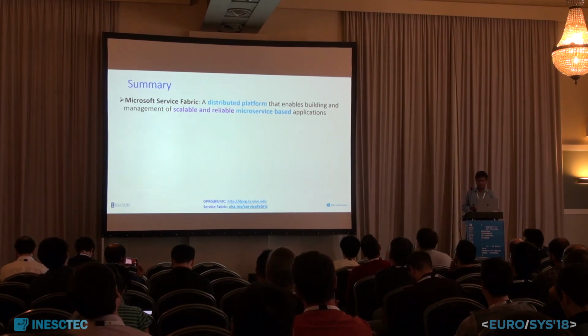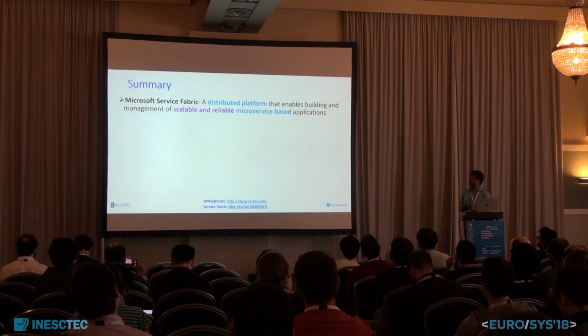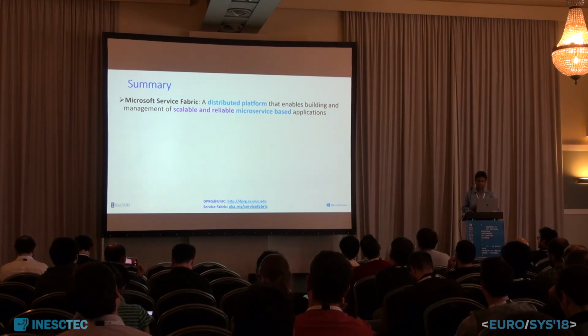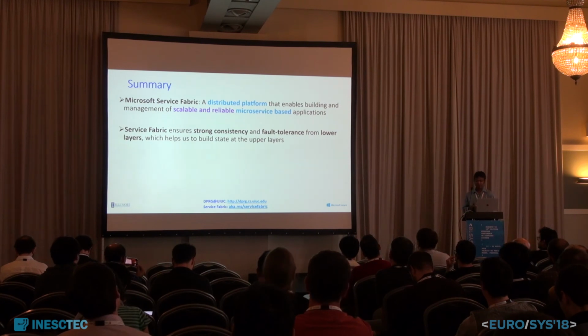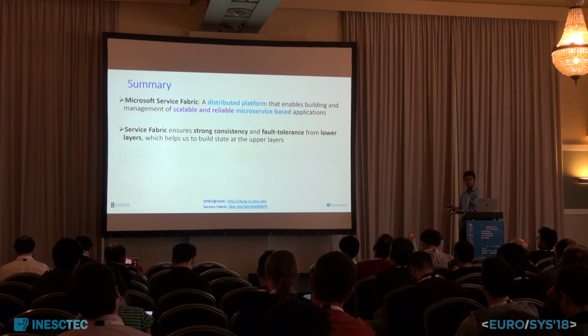In summary, I have presented Service Fabric, a distributed platform that enables building and management of scalable and reliable microservice-based applications. I have also presented how Service Fabric ensures strong consistency and fault tolerance from the lower layer, which helps us to build state in the upper layer.